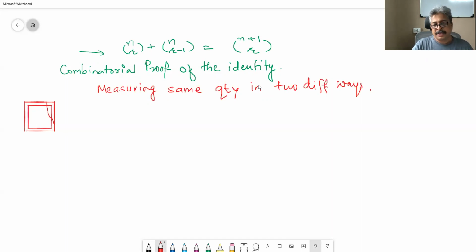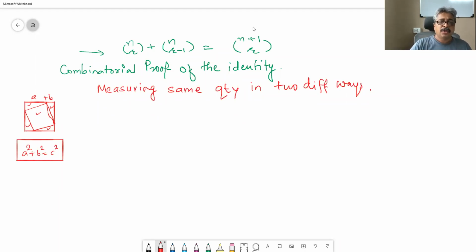In that proof, you found the area of the square as (a plus b) squared, and you found the area of each part of the square and added, and hence you ended up getting the identity a squared plus b squared equals c squared. So when you calculate the same quantity in two different ways and equate them, the quantity disappears, and you end up getting an identity.